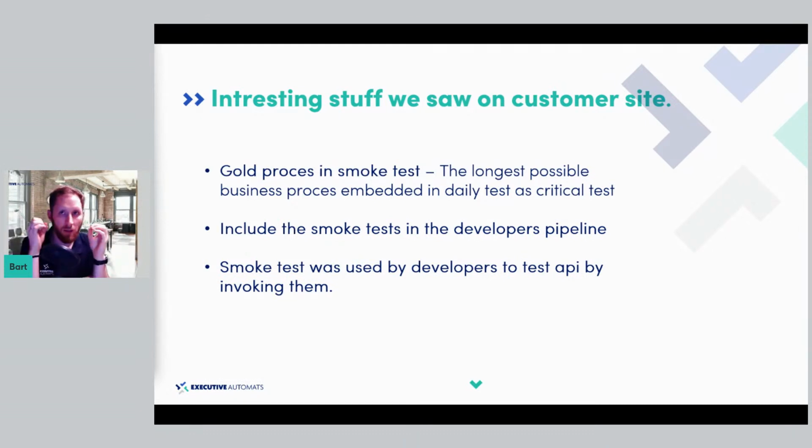You can take a look at your company and try to find out what is the longest test, the longest end-to-end process, which goes continuously through different departments, and very often takes months in the real world to be done.